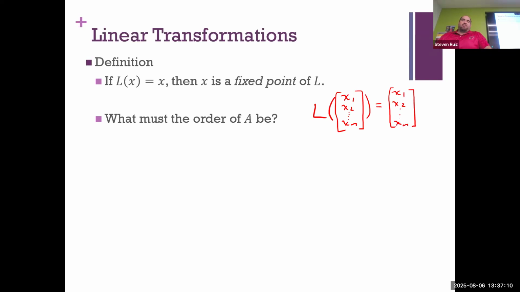Right. So I am transforming vectors in one dimension. And even though transformations don't typically have to stay within the same dimension, if you're talking about fixed points, then you have to. Because there's no way for this to be true otherwise.